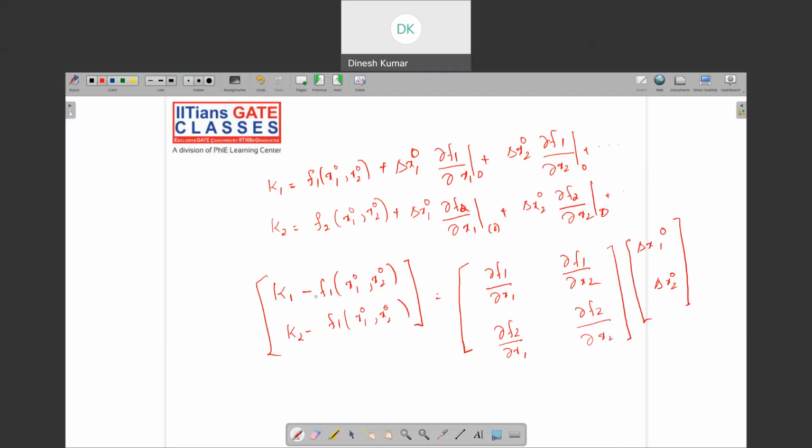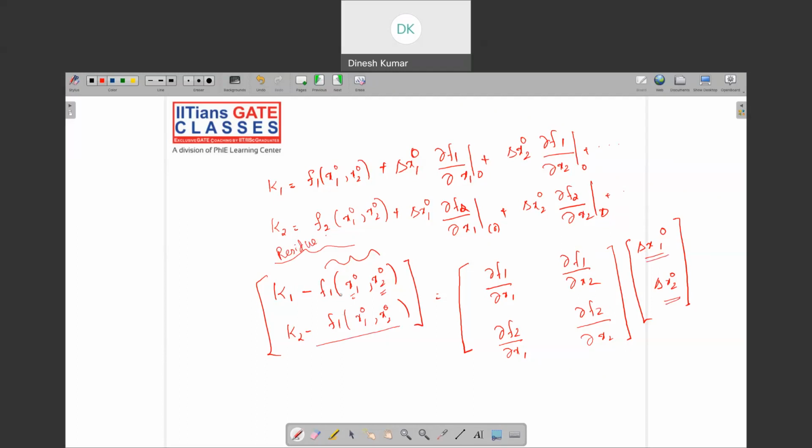Now check here. We assume some x1 0 and x2 0, and we take the minus of this with this one. That is basically the residue, and this is the initial guess we are putting here. So this is the residue, which means we have to minimize this.